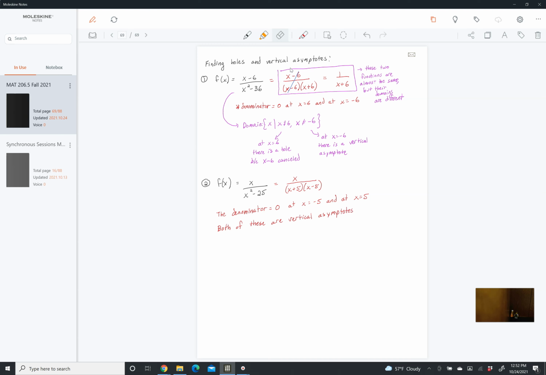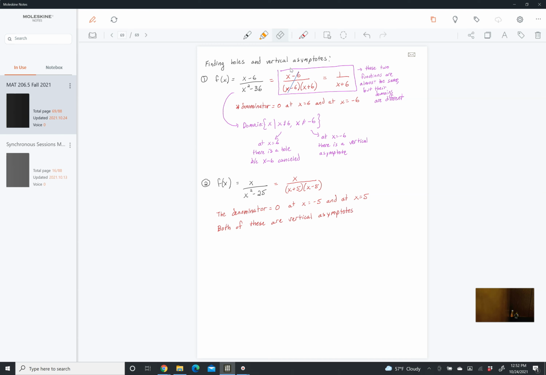You have to factor everything because you need to know if something cancels. Numerator factors to x minus 6 times x plus 1. Denominator is a difference of squares. The x plus 1 cancels.